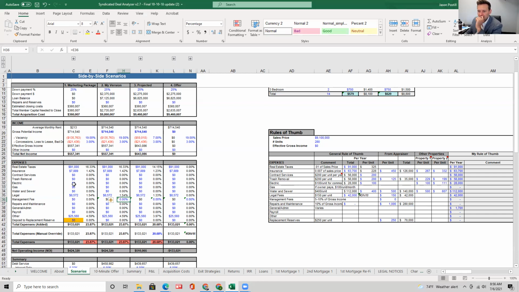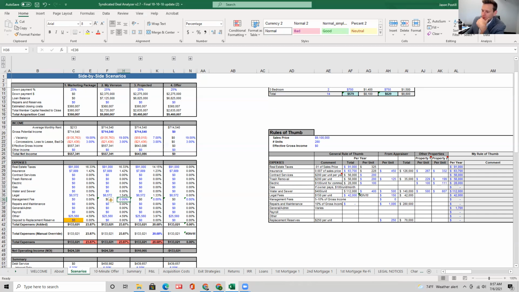Trash removal. Trash and garbage they aren't accounting for. We figure we could do 10 to 80. You do 2,800 a month.